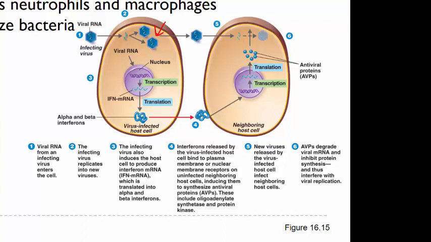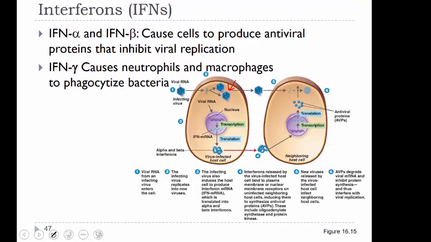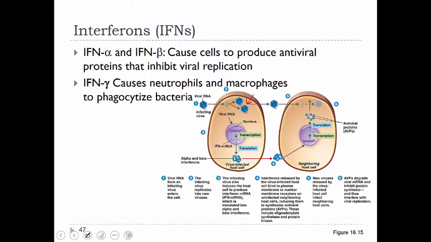Protect yourself, lock down all your windows, close all your doors, and produce antiviral proteins and stop from being infected. IFN gamma, or interferon gamma, causes neutrophils and macrophages to phagocytize bacteria. So interferons are going to cause different reactions depending on which interferon we're talking about.